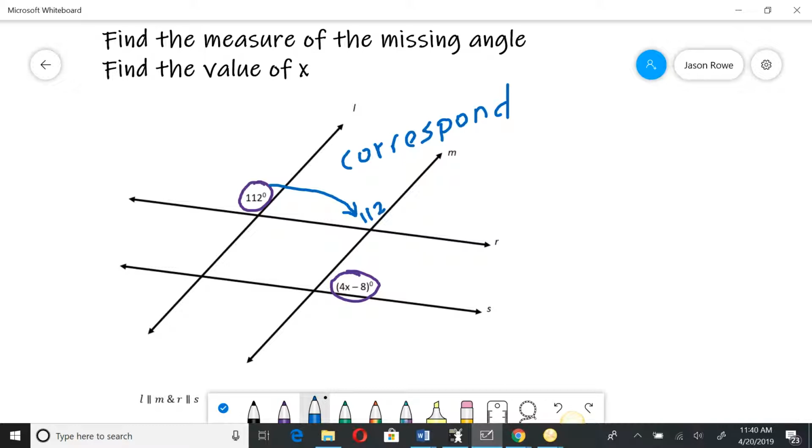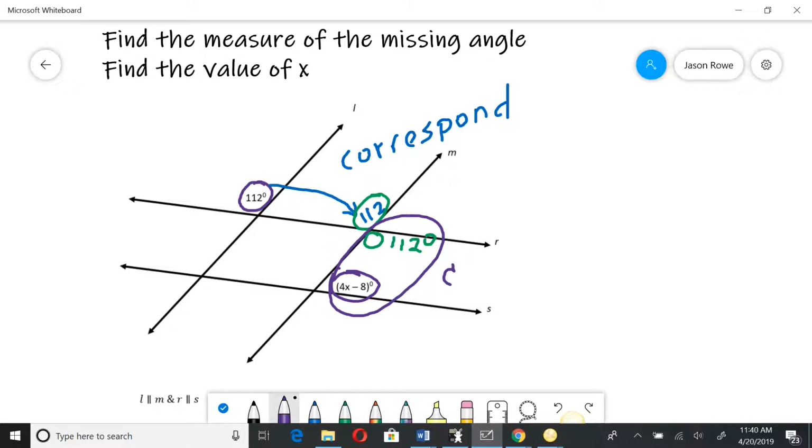And then I can use any sort of rules I want to. I'm going to use vertical angles here to help me figure this out. Since this angle is 112, well, so will this angle. That angle is going to be 112 degrees as well. And now I have a set of consecutive interior angles.